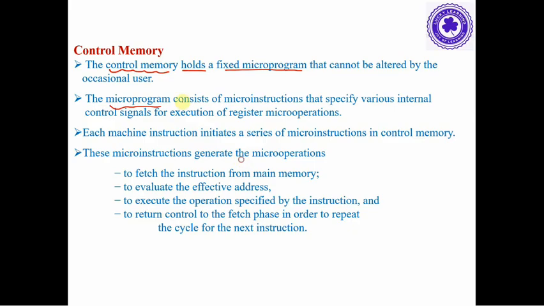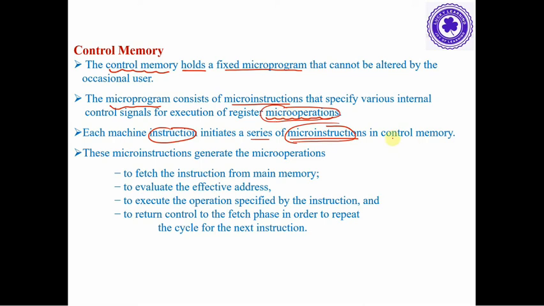The microprogram consists of micro instructions that specify various internal control signals for the execution of register micro operations. And you know that each machine instruction initiates a series of micro instructions, meaning one computer instruction will have many micro instructions, and each micro instruction can have micro operations.